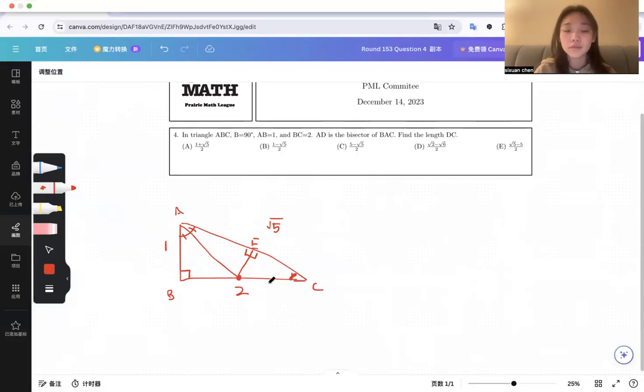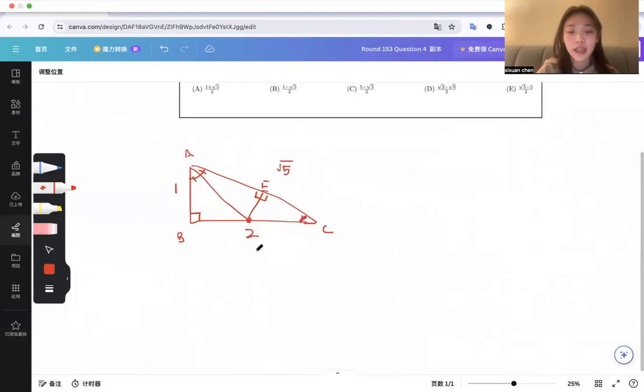But it's only the ratio. The side lengths are not exactly 1, 2, and root 5. So we can name these side lengths x, 2x, and root 5 x. So same ratio as ABC, but times x.